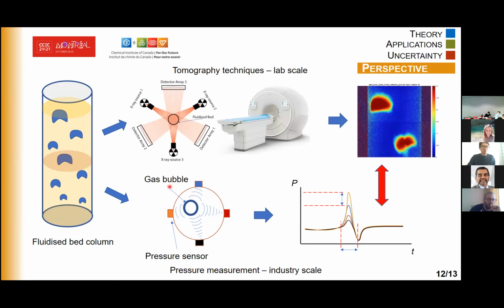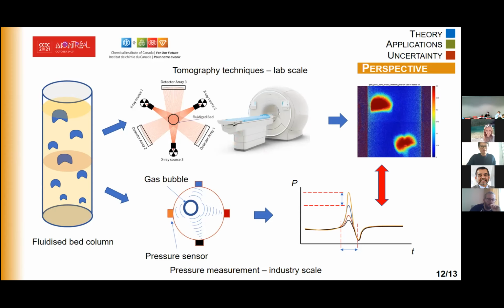So in parallel, we have tomography techniques that were originally developed for medical research, but here we show X-ray tomography, MRI, and also many talks in this conference mentioned capacitance volume tomography. All of these have been shown to be usable for analyzing the system hydrodynamics, especially for a gas-solid fluidized bed. And also in recent years, they have improved their time and space resolution.